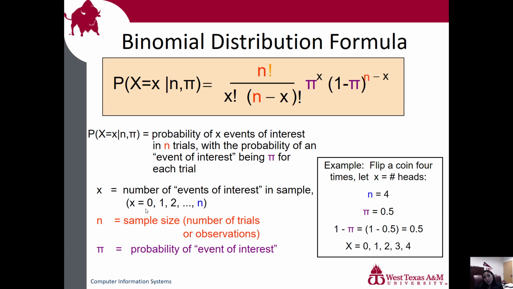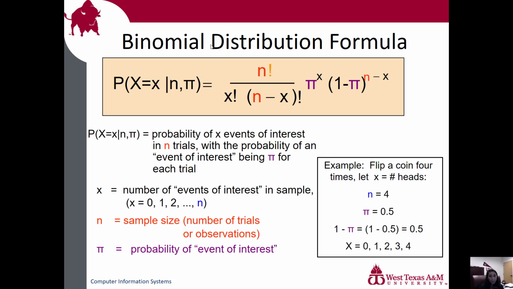Here's that binomial distribution formula. And what this formula tells us is the probability of getting a certain number of events of interest in a certain number of trials with a certain probability. So for example, if there is a probability of 0.5 of getting tails on a coin flip, what is the probability that I will get 5 tails in 5 coin flips?